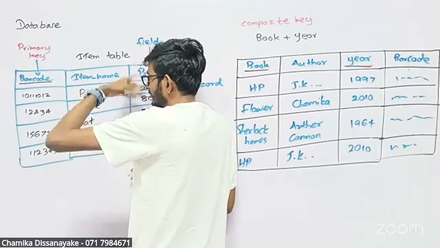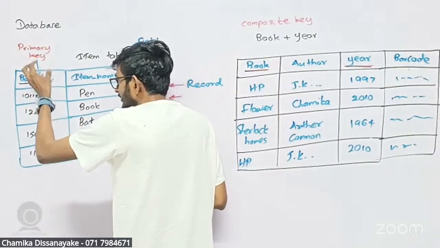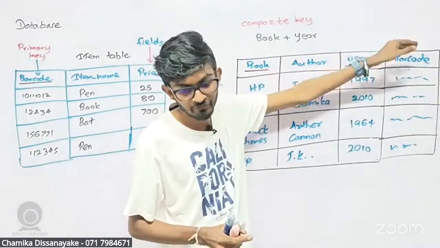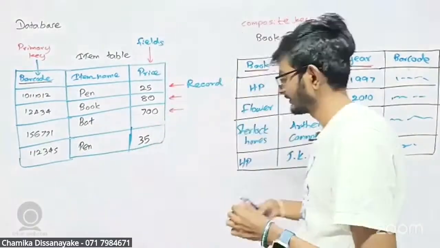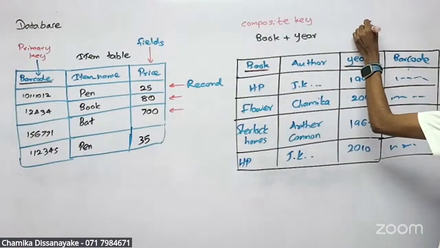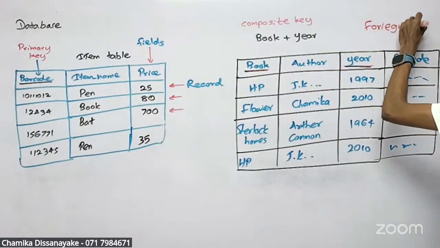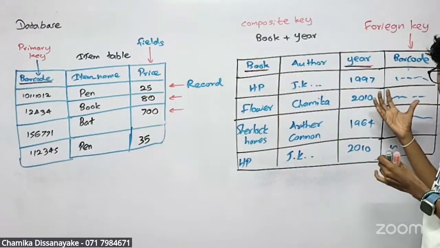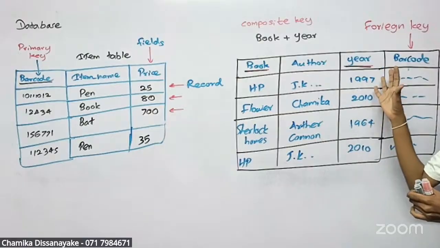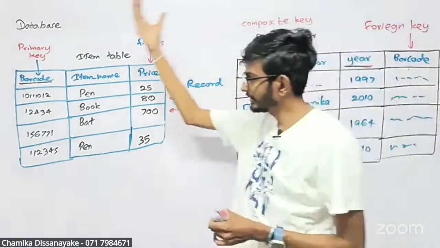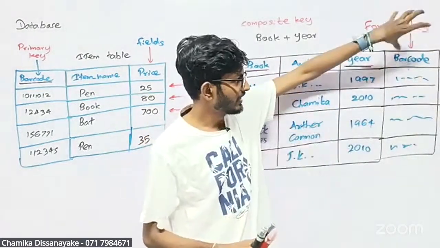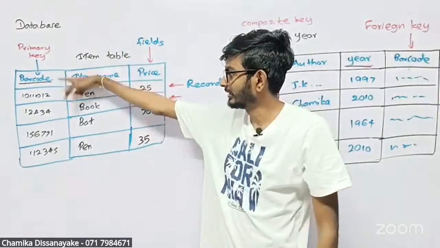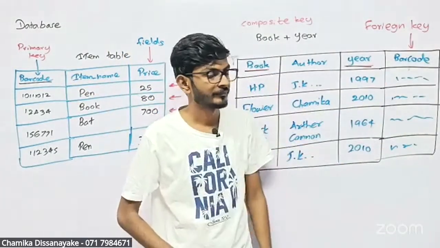We have a table, and the primary key of this table is barcode. So if this field is included in another table as a field, this is called a foreign key. That means this barcode field is not the primary key of this table. This field is the primary key of another table. If there is any field that is a primary key in another table, it is called a foreign key.